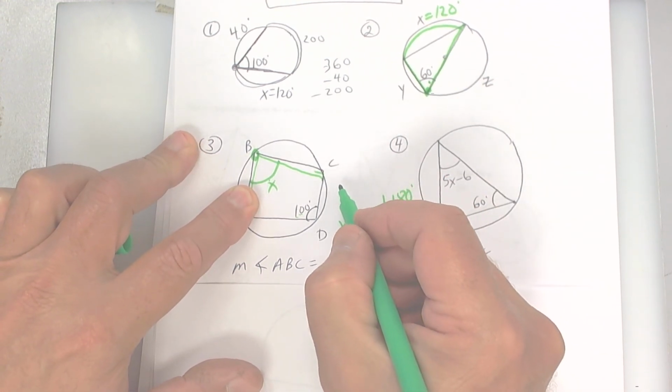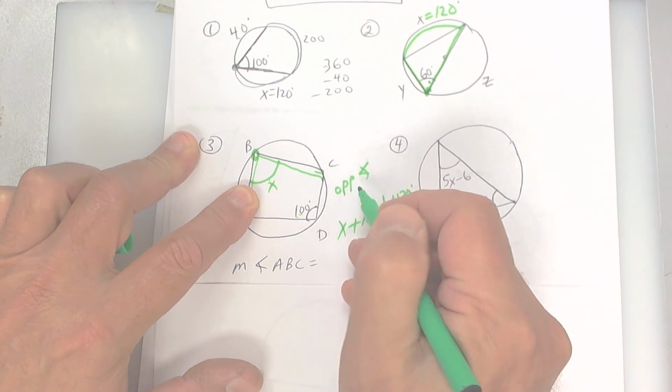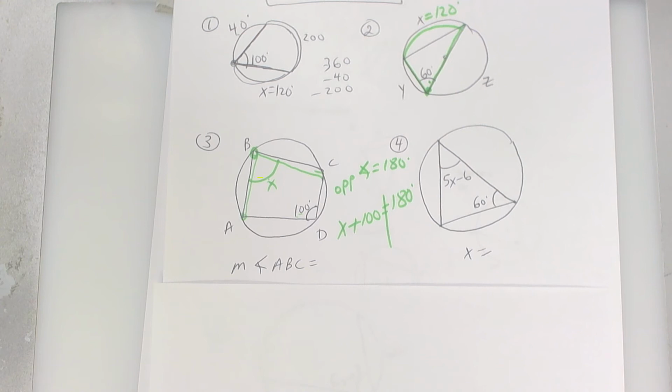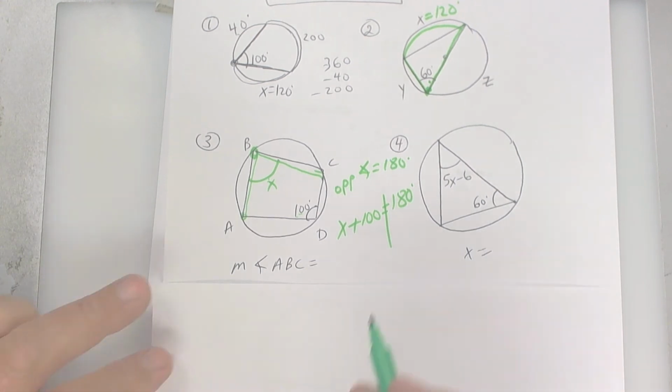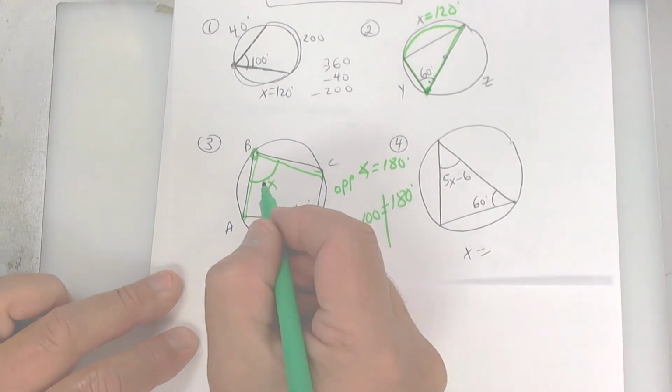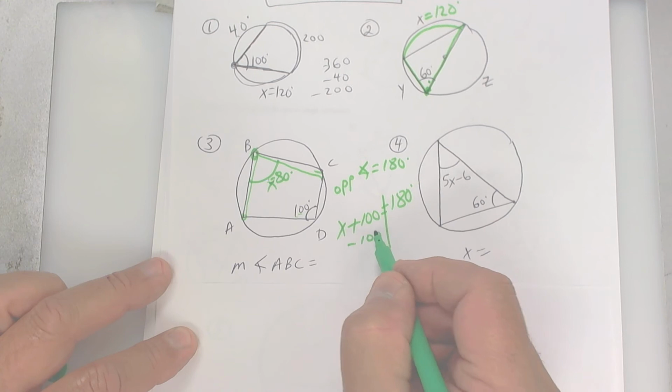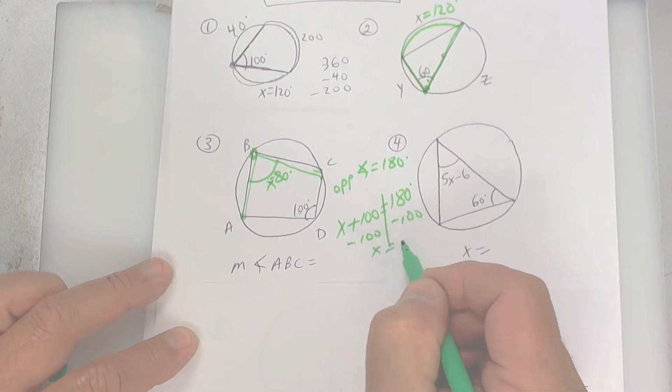Write this down. Opposite angles add up to 180 degrees if it's a quadrilateral. And we went over this before. So when you subtract 100, this has to be 80 degrees. Okay? So you subtract 100 and you get X equals 80.